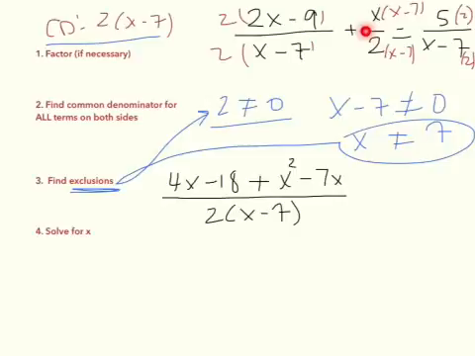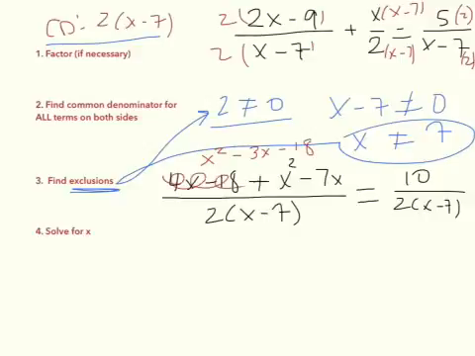Then it equals 10 over 2 times x minus 7. Now that I have this, I can simplify the top. So this becomes x squared minus 3x minus 18. So all I did was simplify.